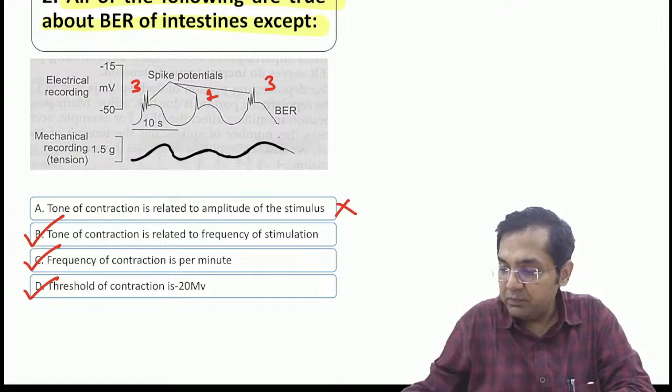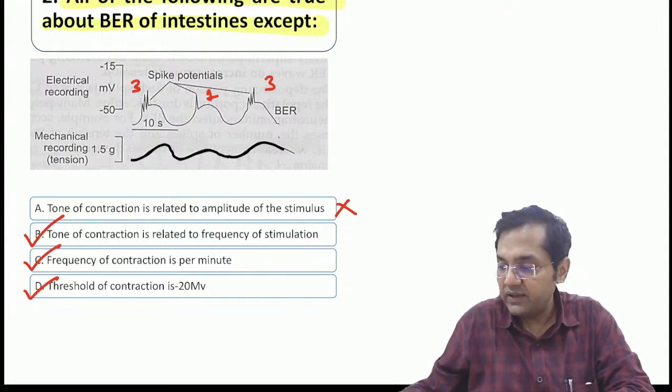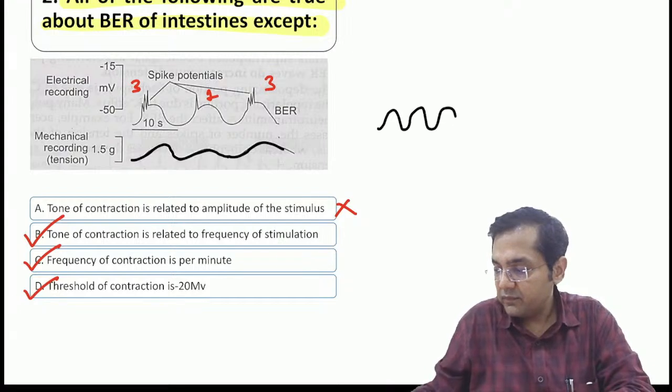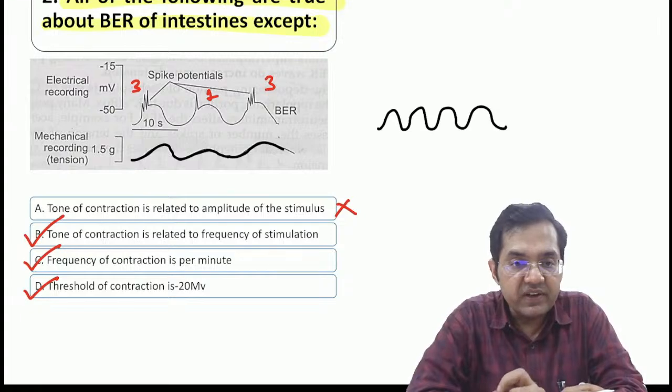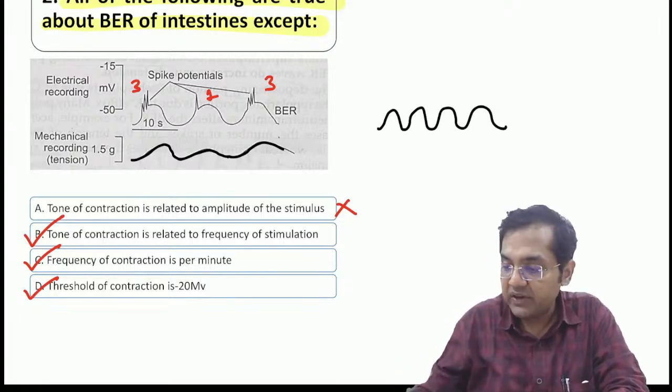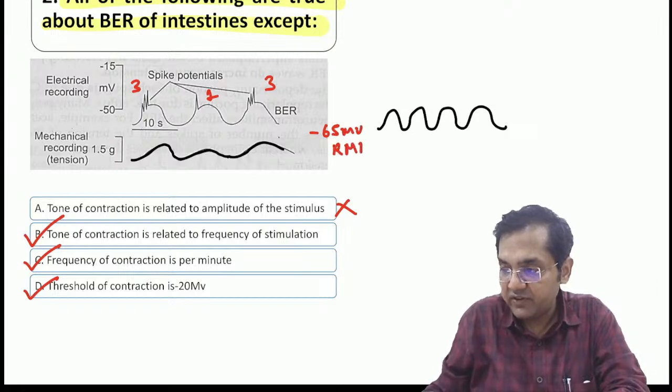If the basal electrical rhythm recording is going on like this, remember, what is BER? The rhythmic oscillations in the activity of sodium potassium ATPase pump. This is minus 65 millivolt, which is your RMP.